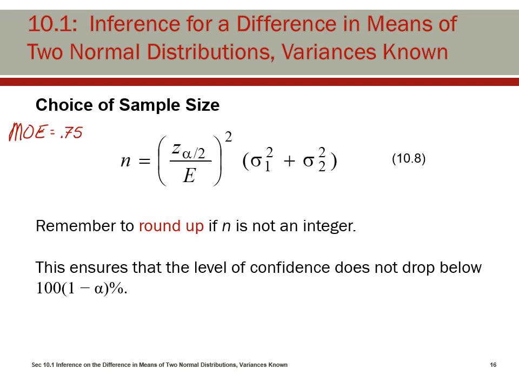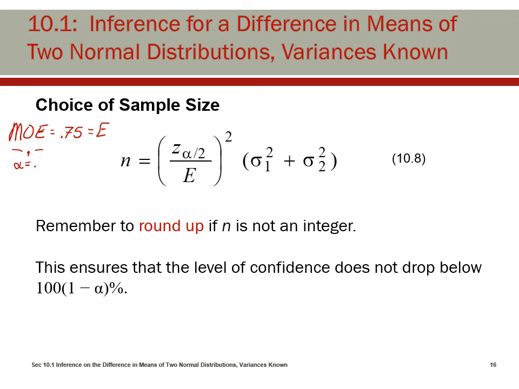Remember, the margin of error is on either side of the mu1 minus mu2. So our total error or total width of our confidence interval here would be 2 times 0.75 or 1.5. So I'm just going to select the margin of error 1.5, and that 0.75 is the error or E in this formula. Now in that last problem, we also had that we were using a 90% confidence interval.